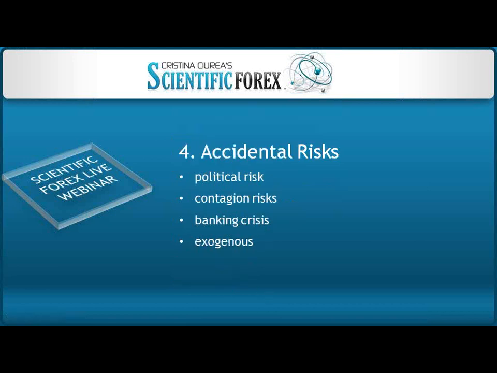The last type of risk that we have to talk about is the accidental risk. There is political risk, like changing one type of government in force, not in a normal way with election. We have the contagion risk.